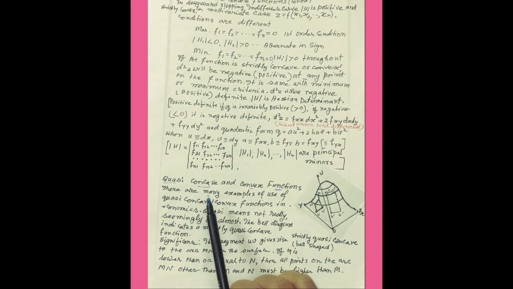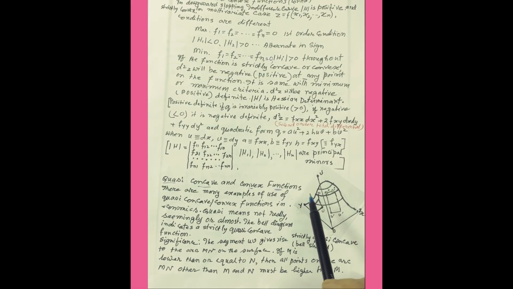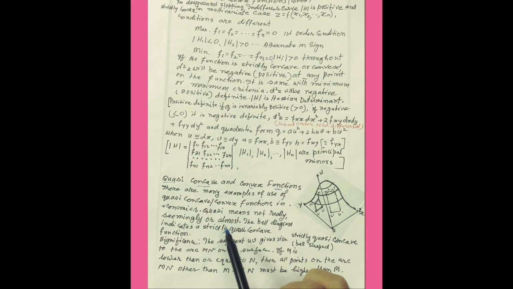So coming to quasi-concave and quasi-convex functions. This is a critical point. There are many examples of use of quasi-concave and quasi-convex functions in economics. Now, what is the dictionary meaning of quasi?